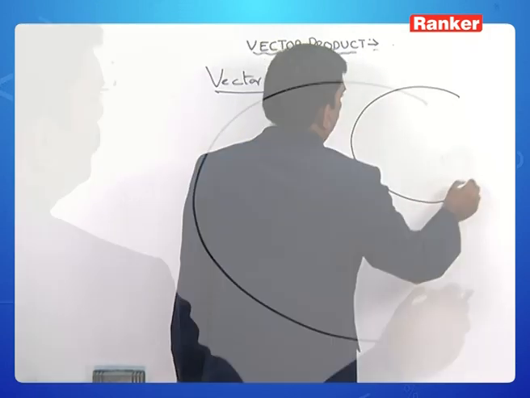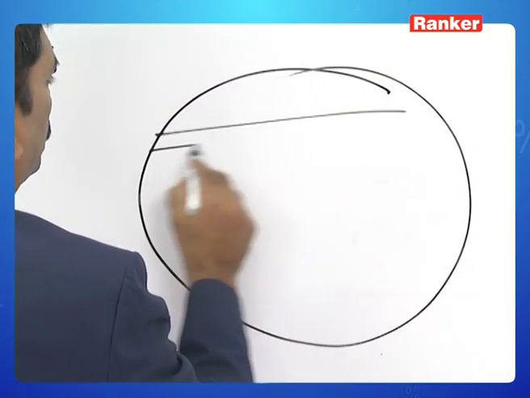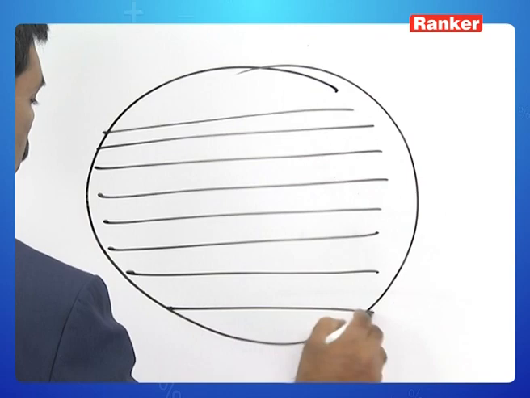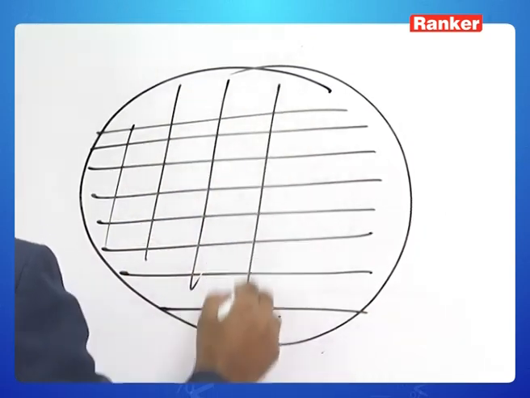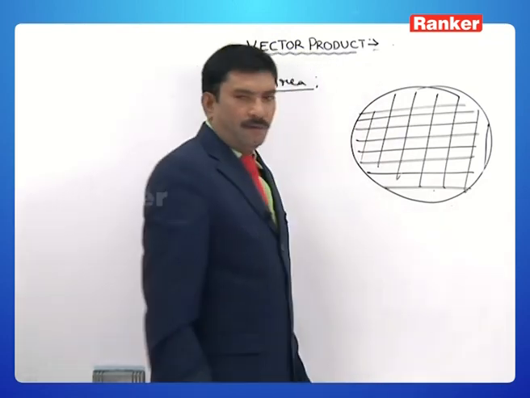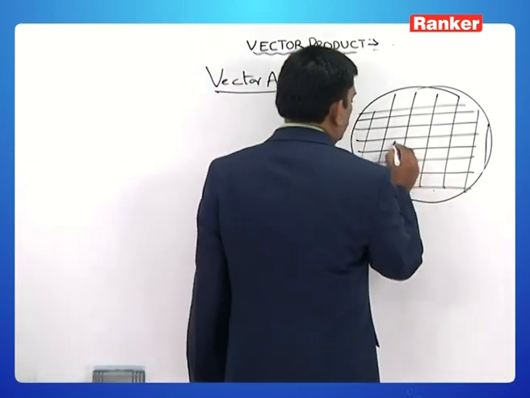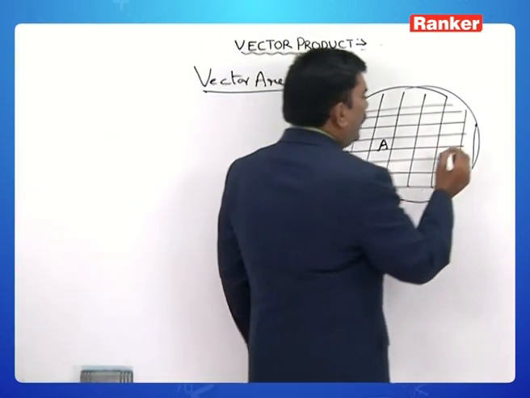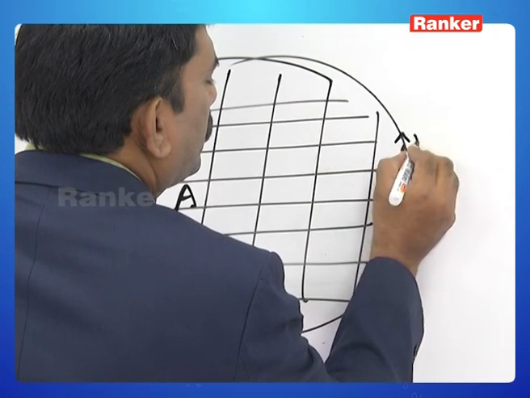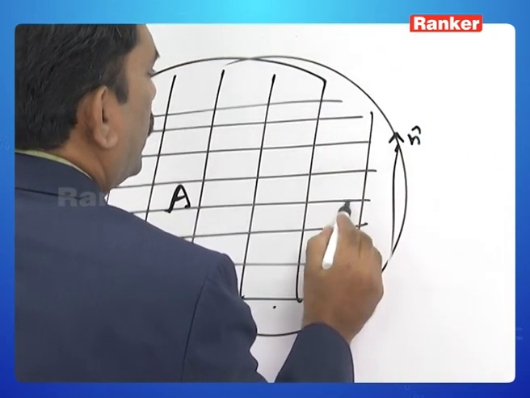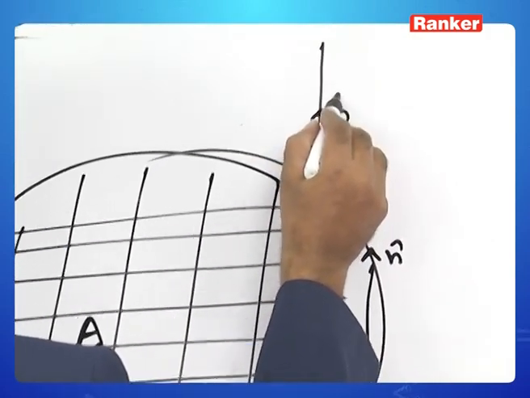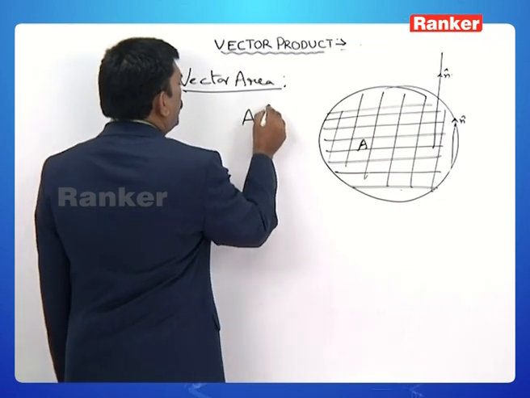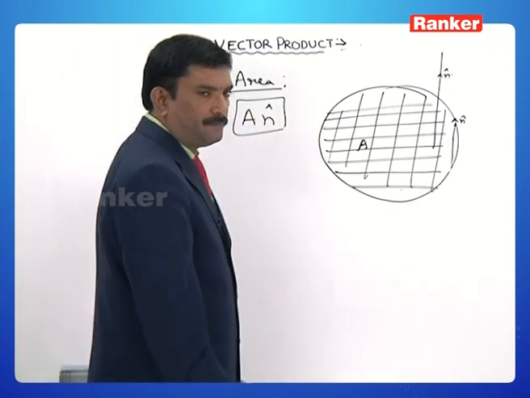So therefore, let A be the plane curve, and n cap be the unit vector perpendicular to the plane, then the vector area is denoted by A into n cap.